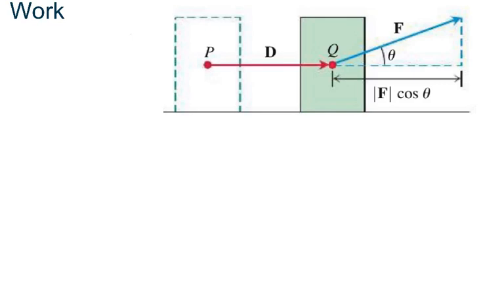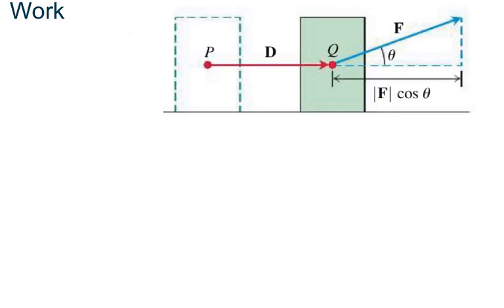We say that the force F moving the object through the displacement D, represented by the vector PQ, has some other direction, then the work performed by the component of F in the direction of D is given by F cosine theta times the D, which ends up being represented as the dot product of F dot D.